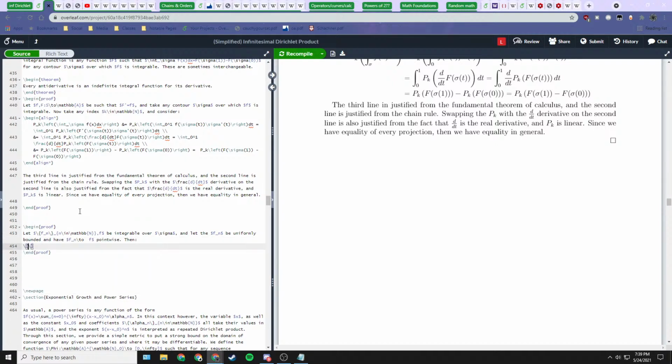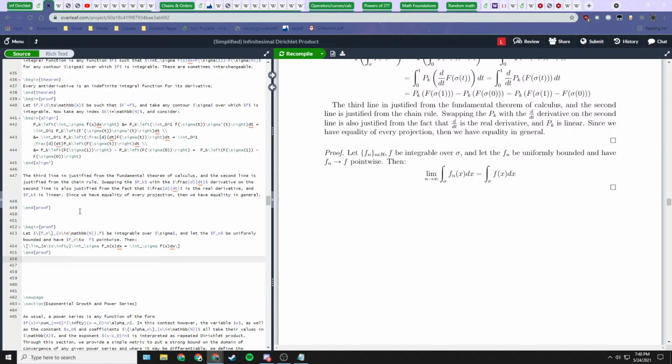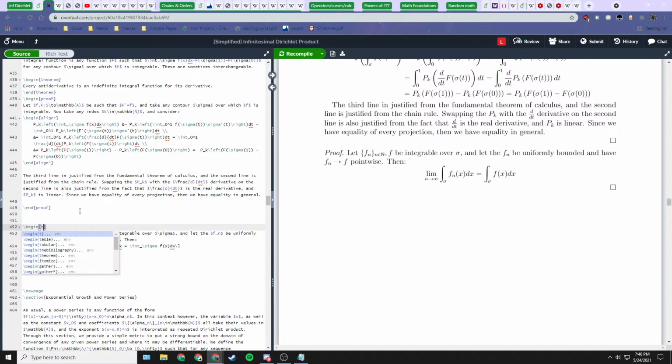Then the limit as n goes to infinity of the integral over sigma of f sub n of x dx is just the integral over sigma of f of x dx. Alternatively, we could say, no, that's fine. That's not right, actually. There we go, that's better.